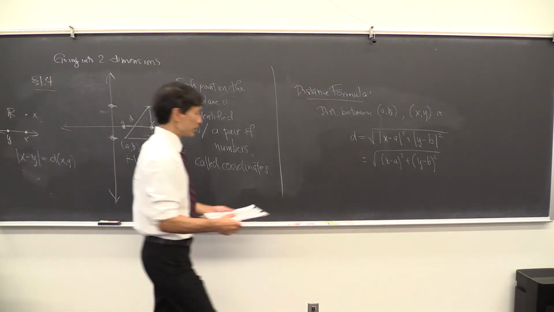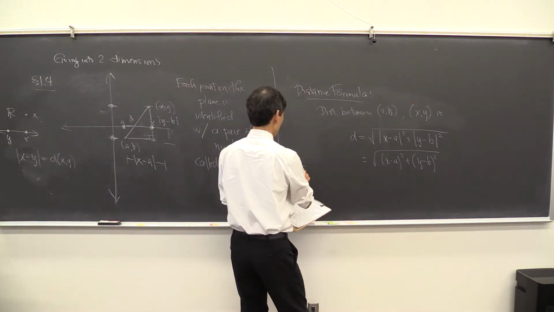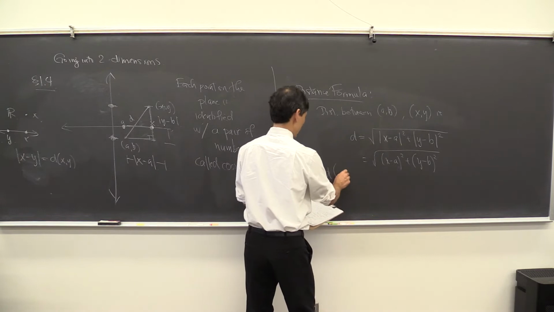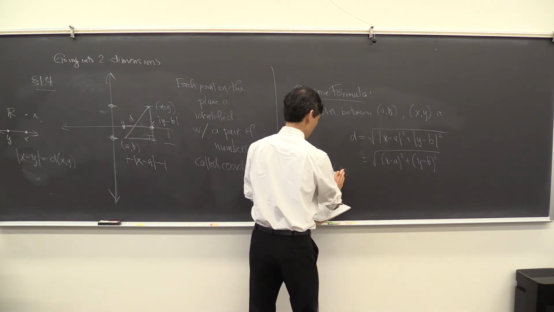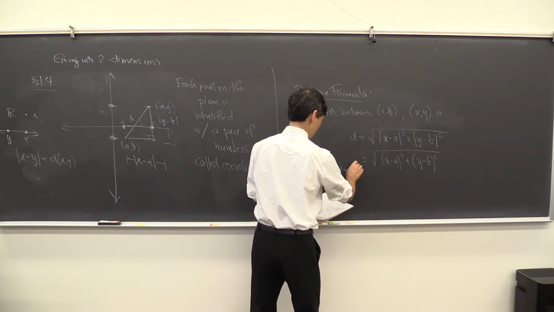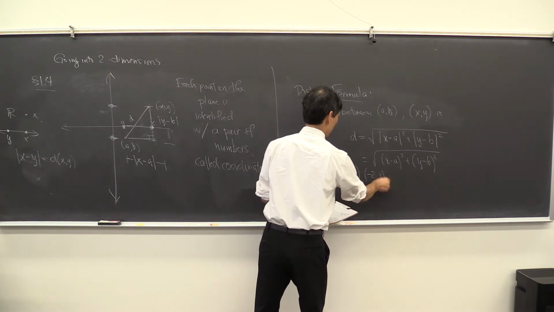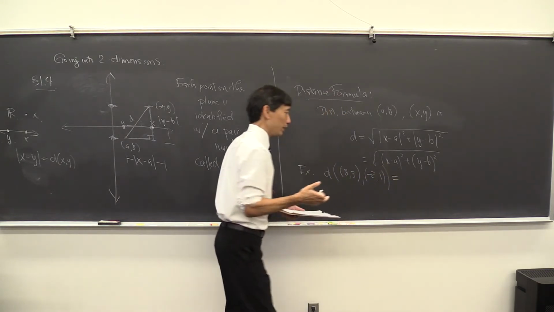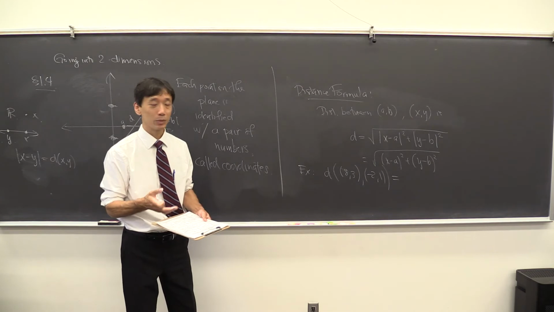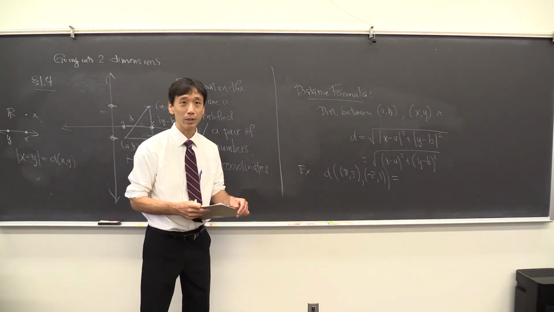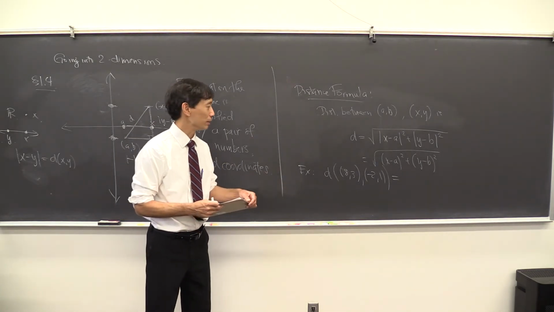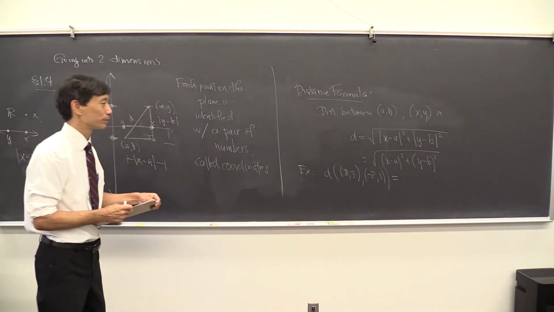Okay, so for example, if I ask you for the distance between (8, 3) and (-2, 1), what would that be? Take 20 or 30 seconds and write it down, please. Or just do it in your head.